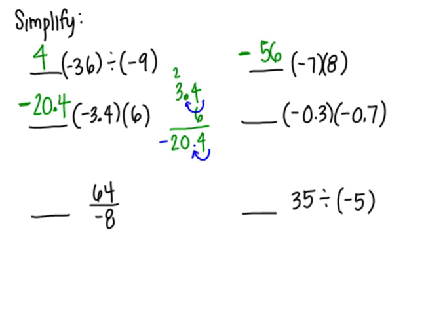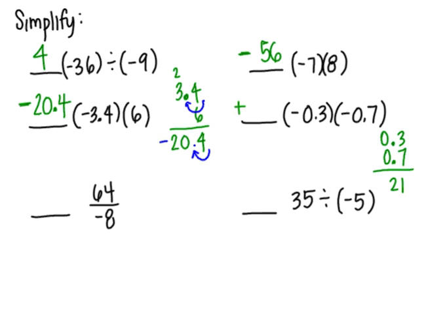Looking at our next one, we have a negative 0.3 times a negative 0.7. I know that two negatives are going to make a positive result. I have a 0.3 and a 0.7, and I'm going to multiply them. I already took care of my signs, so I'm going to leave signs out of it at this point. 3 times 7 is 21.